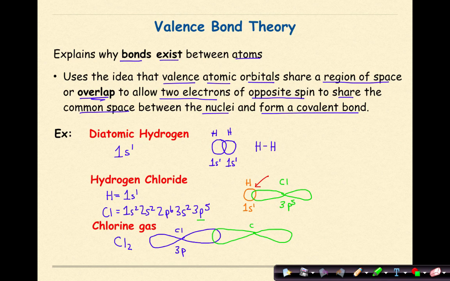That's another Cl with its 3p sublevel. Again, we have these shared electrons in between, and those shared electrons help each of the chlorines fill their octet and form the covalent bond. The interesting thing here is that with the valence bond theory, we don't need to change anything. As these atoms overlap, they share electrons that they need, they fill their octet, and they form the covalent bonds.